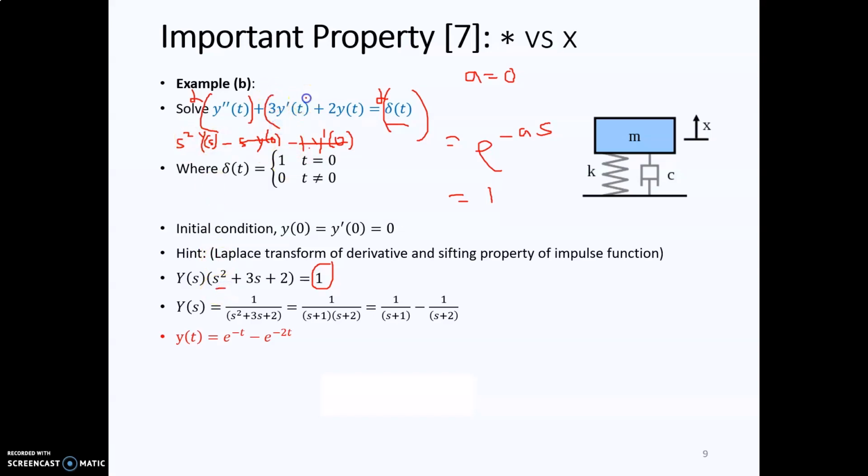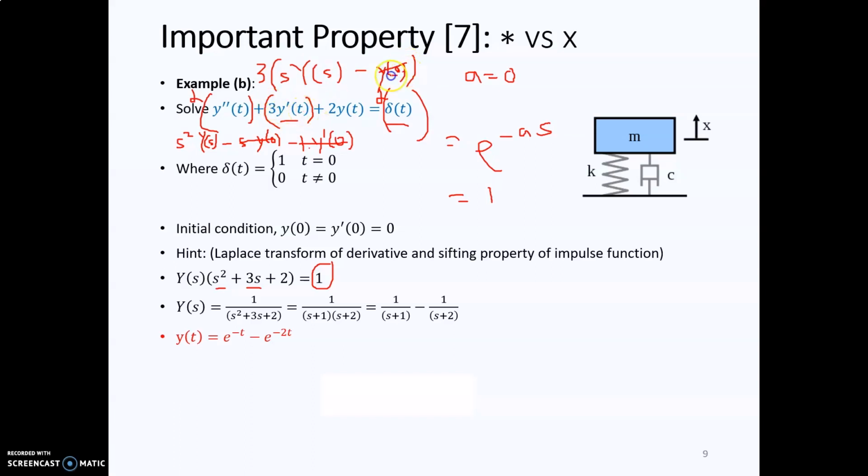Then the Laplace transform for 3y'(t): y'(t) gives you s Y(s) minus y(0), since it's first order. Don't forget your 3. So this is the result for the Laplace transform of 3y'(t).